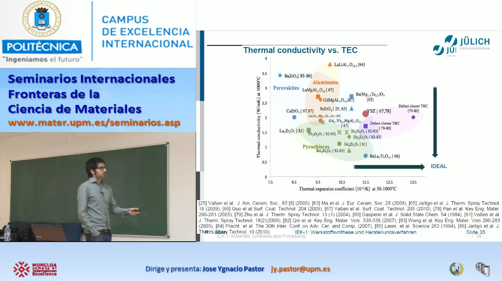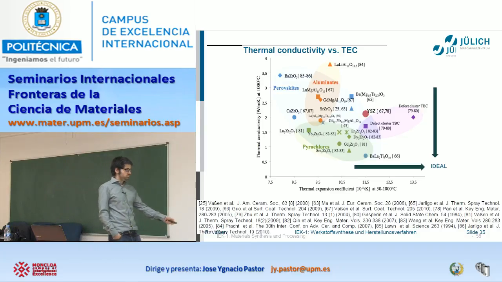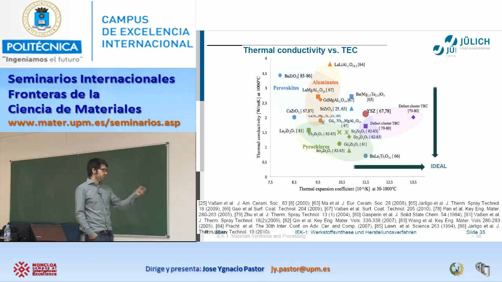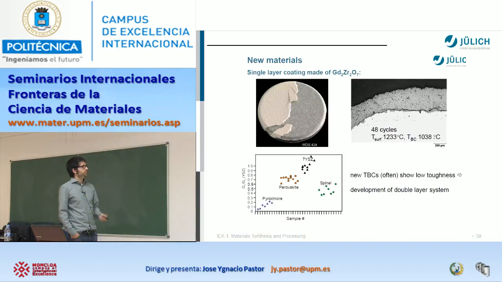Here, the thermal expansion is better, but the thermal conductivity is higher. All these values are referenced here from the investigation of Professor Vassen, who has done really nice research during several years.